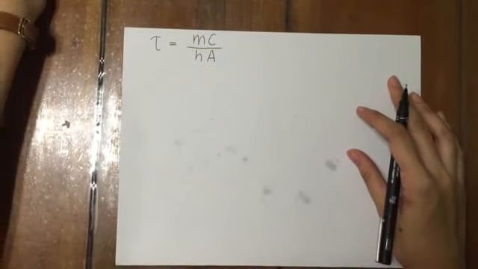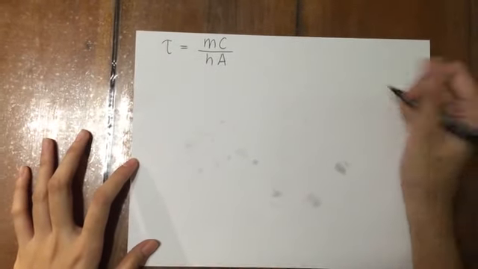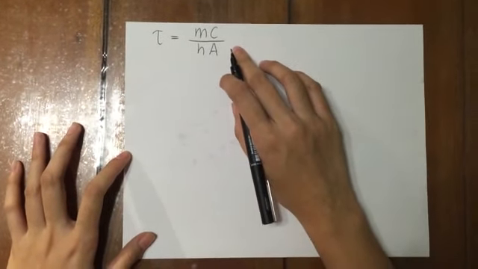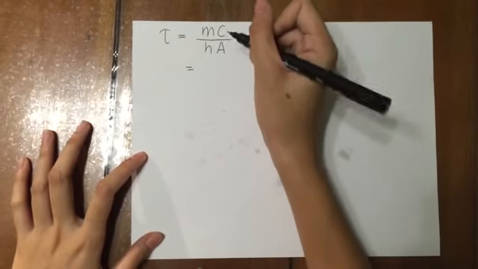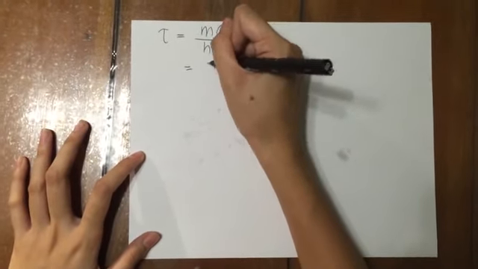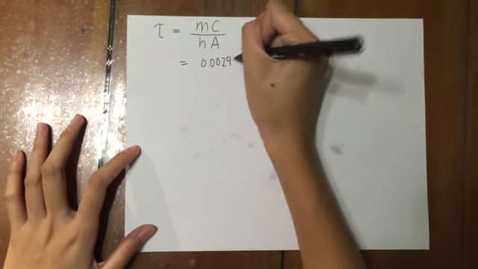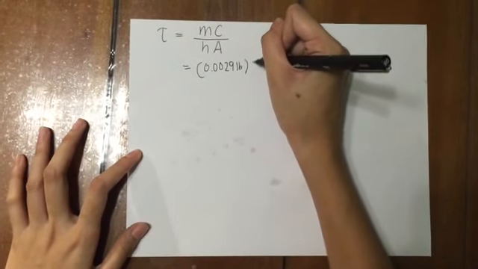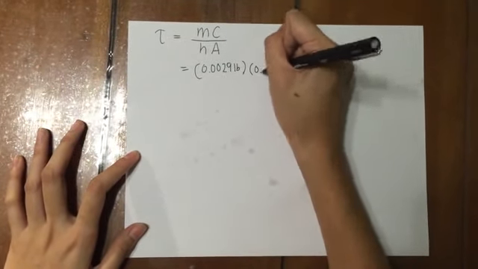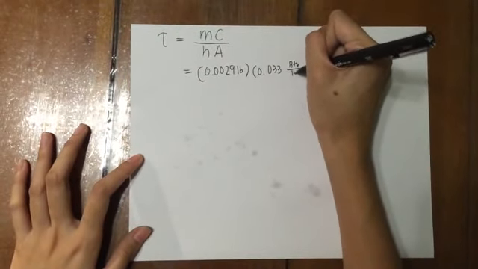Now, we can finally calculate the time constant using this formula. Tau is equal to mc over hA. Substituting all the values we have computed, the mass is equal to 0.0029 lb times the heat capacity, which is 0.033 BTU per lb degree Fahrenheit.